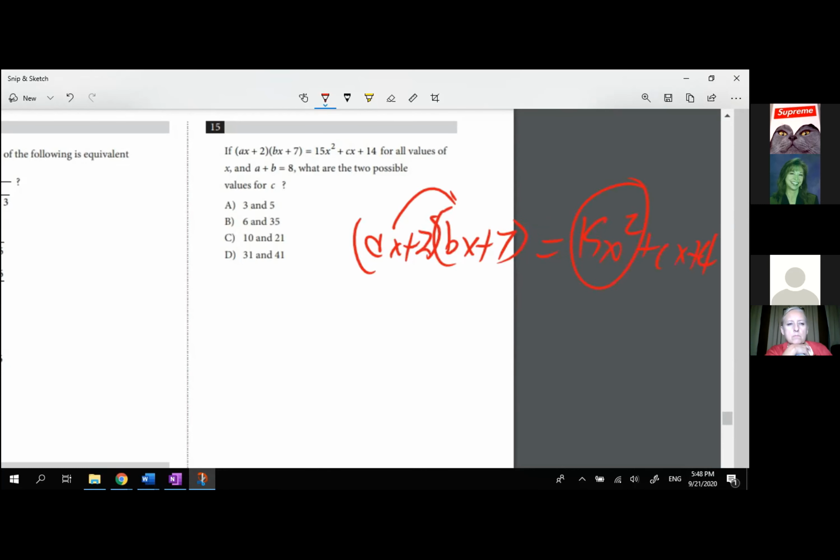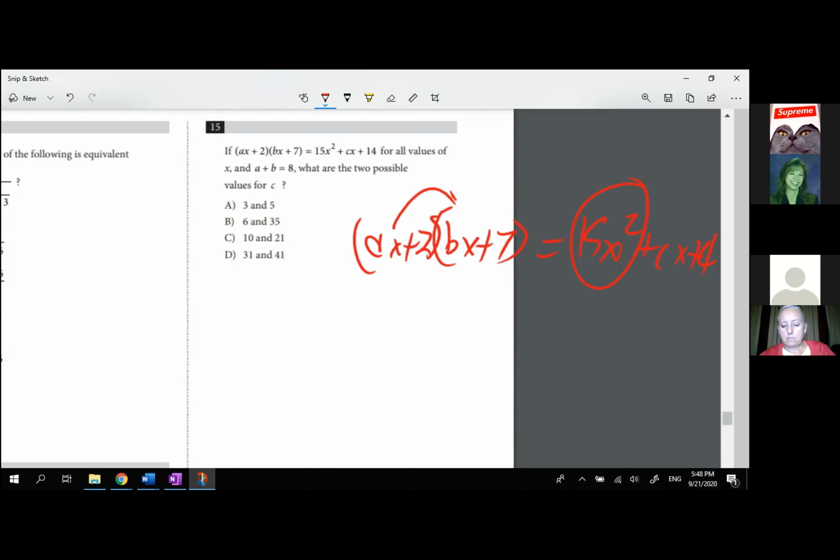So the reason why I chose 5 and 3 is because you've got a plus b equals 8 here, and then you've got a times b equals 15. So I kind of figured in my head, 5 plus 3 is 8, and 5 times 3 is 15. That's how I figured that out. I don't really have an academic explanation for it.